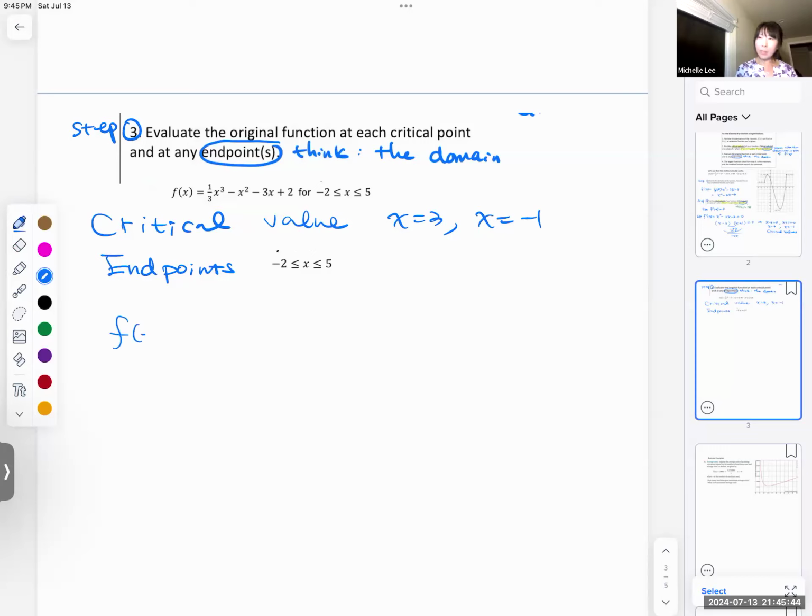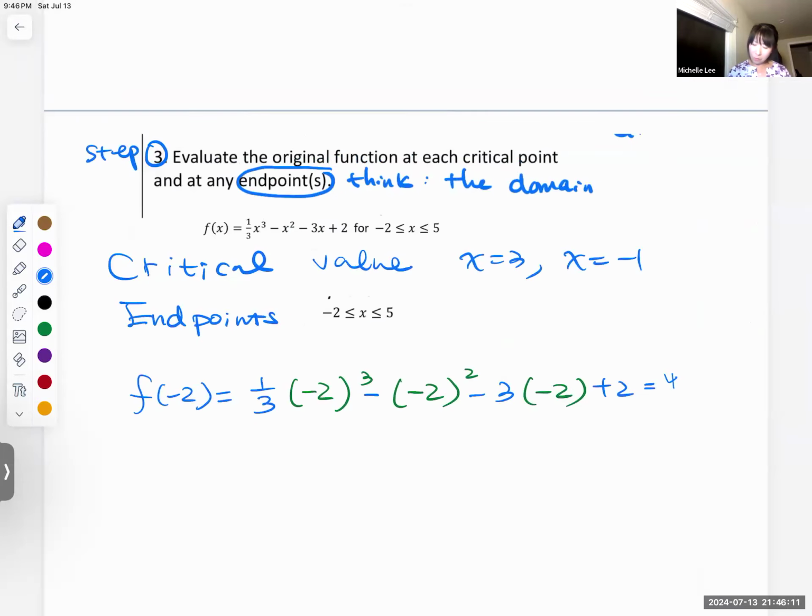So f of -2 equals 1/3 times -2 to the third, minus -2 to the second power, minus 3 times -2, plus 2. Okay, so that will be 4/3, which is approximately 1.33.